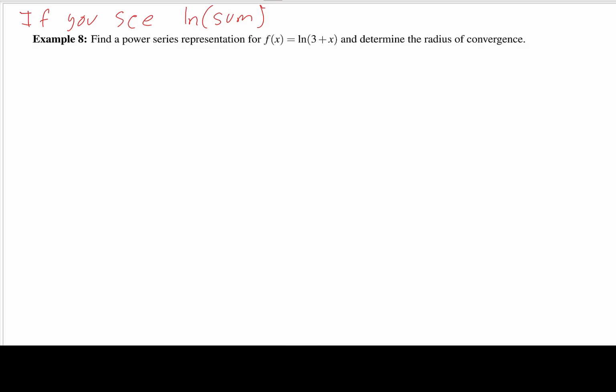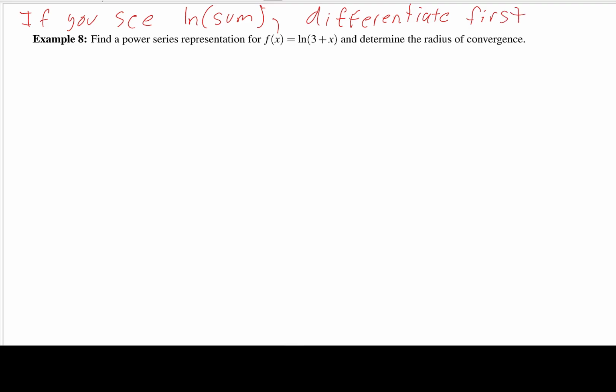So we'll focus on just sums inside of this natural log. But see how here we have a sum. We have 3 plus x. If you see something that looks like this, then you should differentiate first.